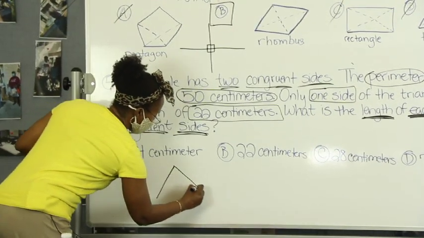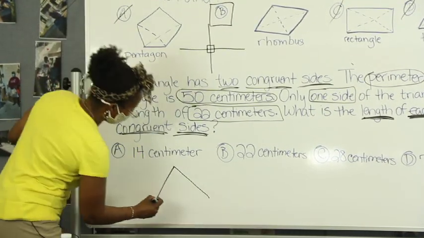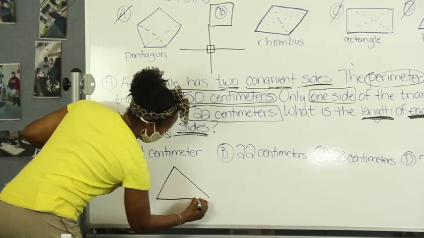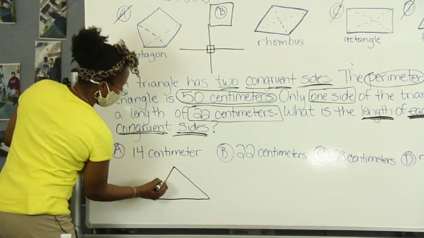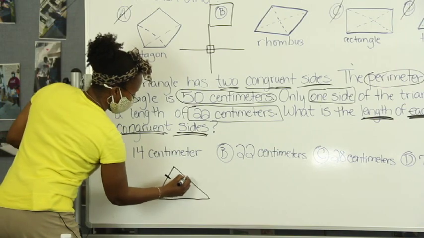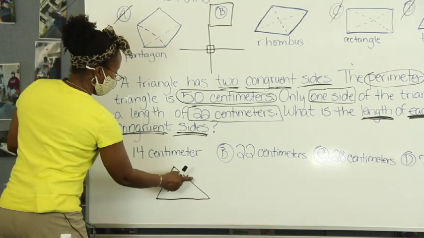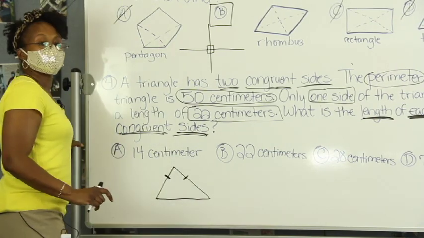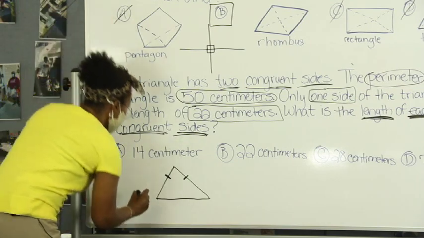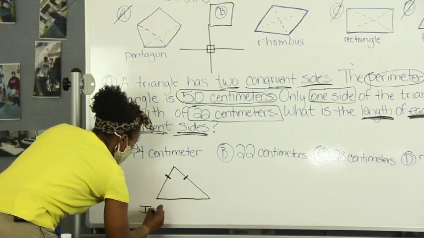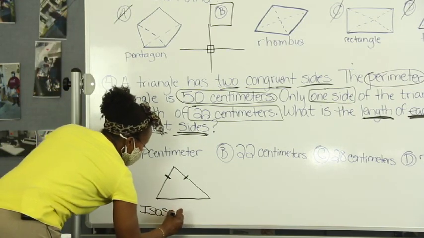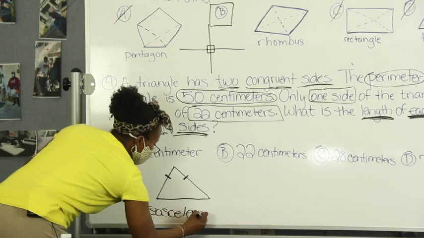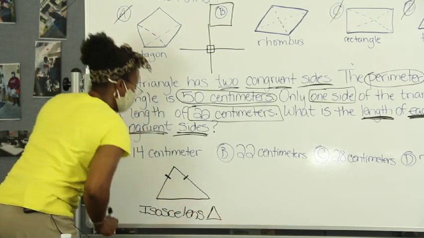So I'm going to try to draw a triangle with 2 congruent sides. And this little mark and this little mark means that these two are equal. These 2 sides are equal. That is actually called an isosceles triangle, okay?